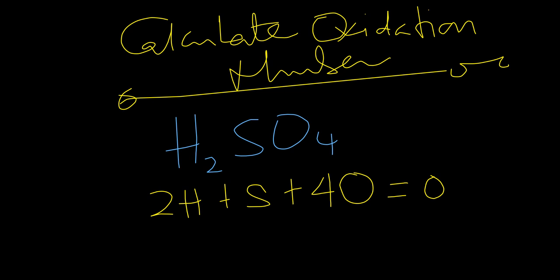So this is the charge on the molecule, and this is the algebraic sum of all the individual atoms, the oxidation numbers or their charges being added together. When you add those charges together, it should be equal to the charge on the entire compound. That's what the rule states. And we are going to use that in our calculation.